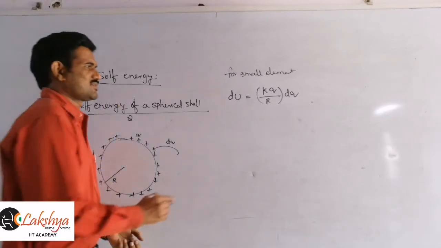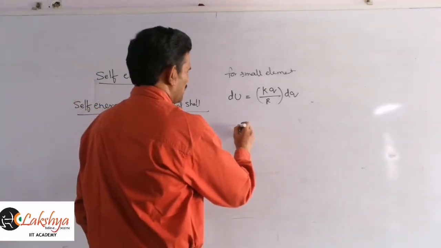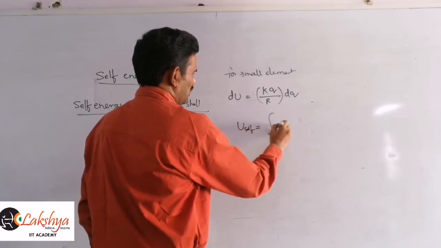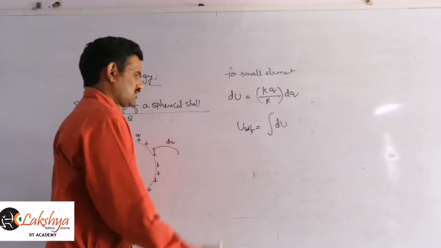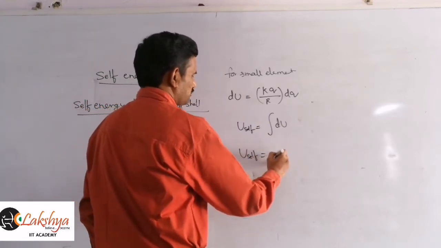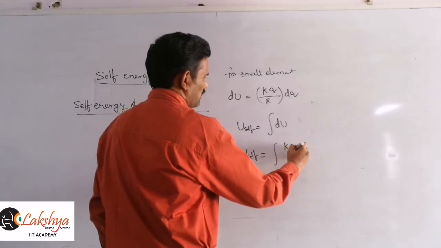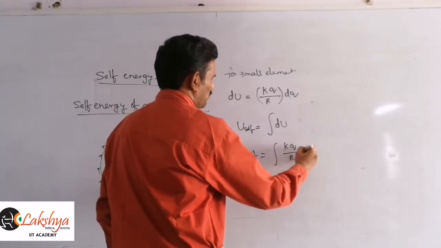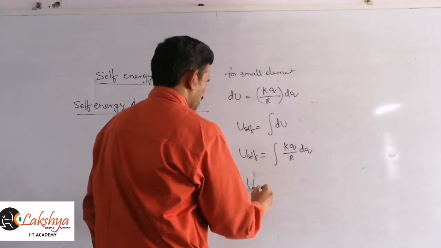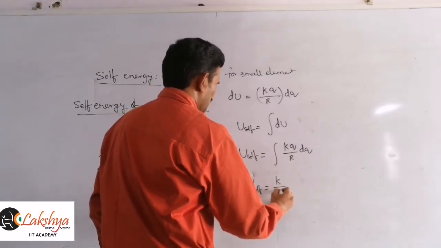So that is the potential energy. Now the total self energy we can write as the integral of this dU. Therefore I can write the self energy as the integral of k q by r into dq. Here k by r is a constant, so I am writing it outside.